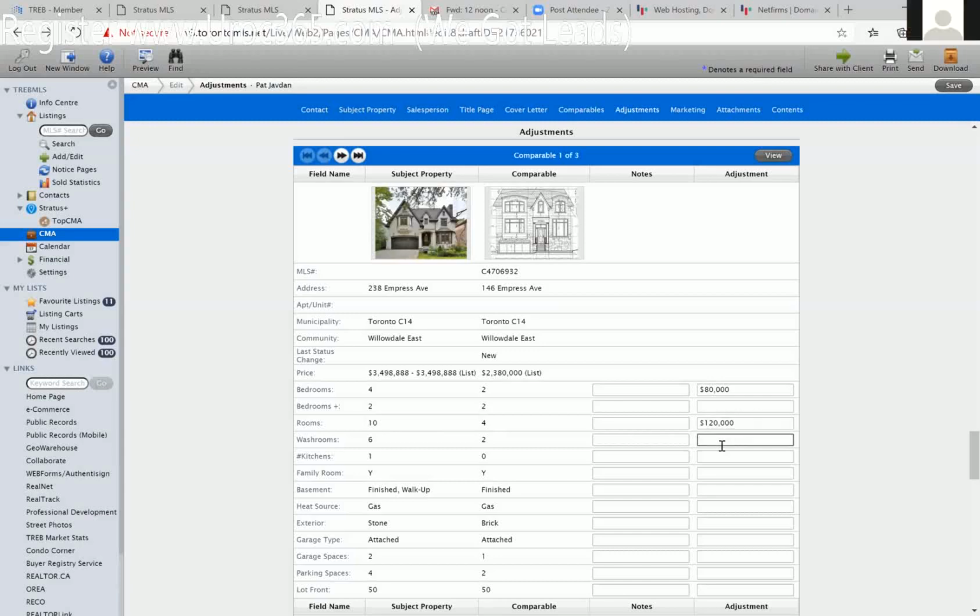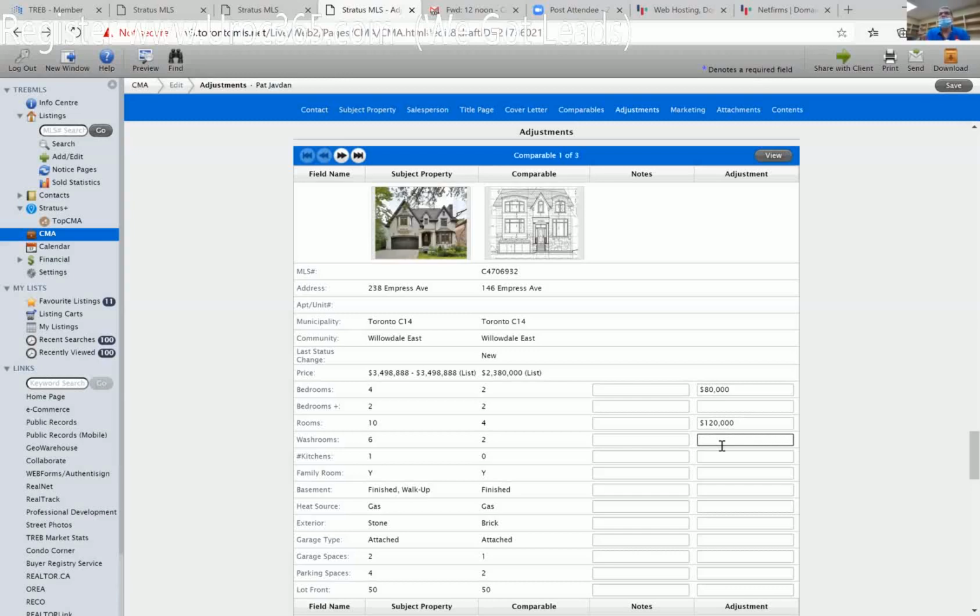In this house, at least each washroom is $20,000. The washroom of the comparable again is nothing. Therefore, you should consider 6 comparing to 2. You know what I mean? The difference between 6 and 2 becomes 4.